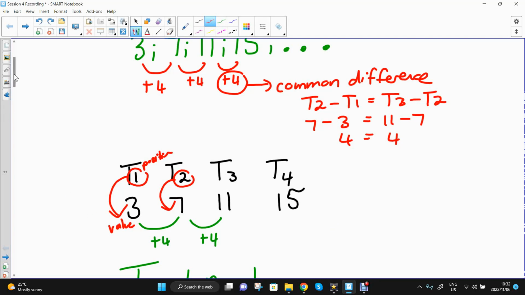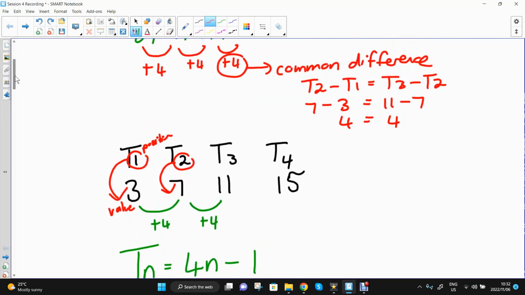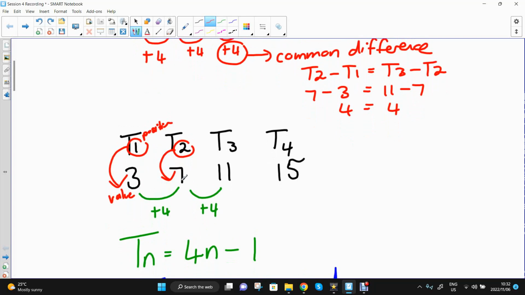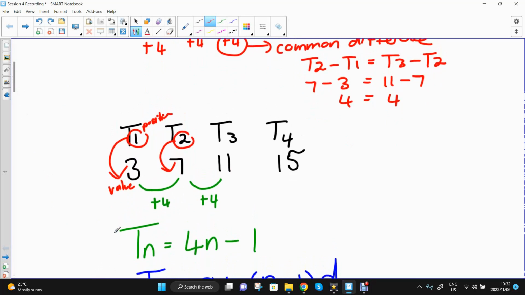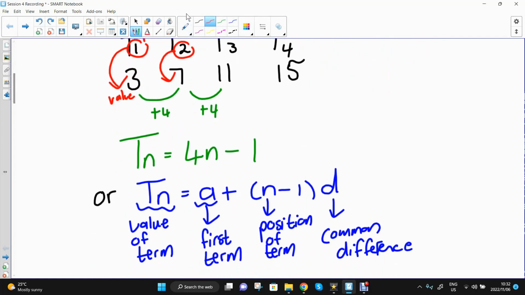A very quick way to do this, especially if you've got a linear sequence, is to work out the common difference first. And we already did that earlier. So my constant difference in this case is 4. Now you'll see that we always start with the formula using Tn as my first variable. Tn represents the value of the term.